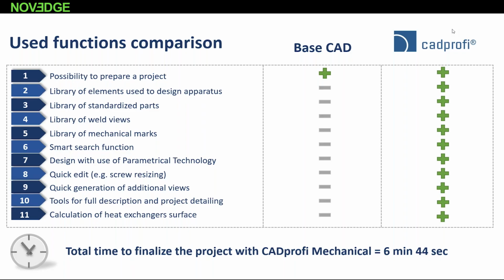But when we are speaking about usage of a library of elements to design the apparatus, like the library of standardized parts or weld views, all the libraries are included in CADprofi. Then we are also speaking about functionality such as smart search functions, design with the use of parametrical technology, and other options like quick edit.